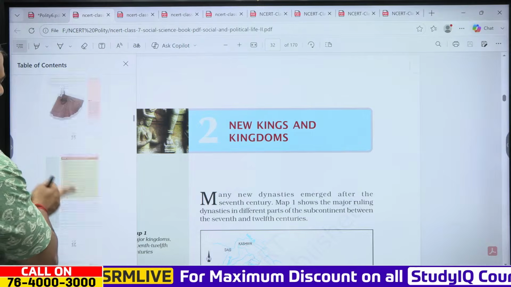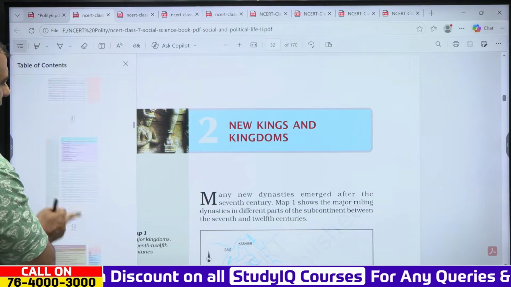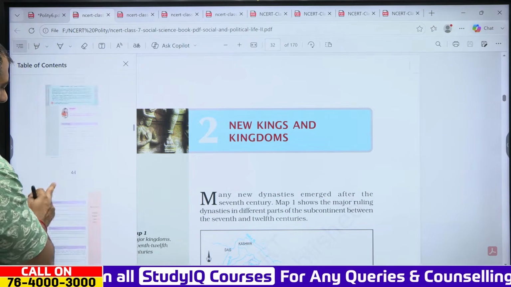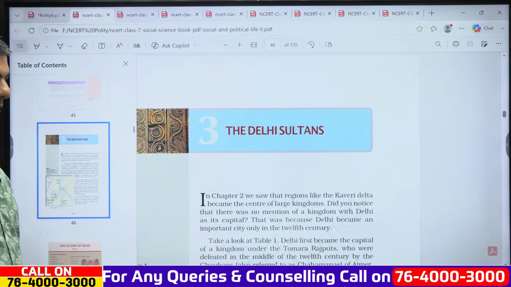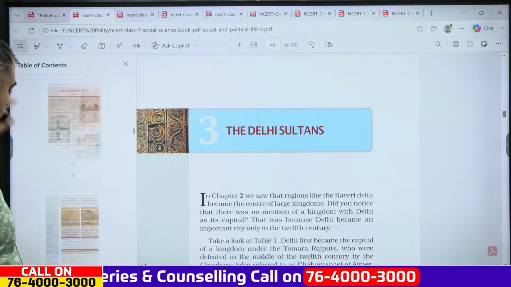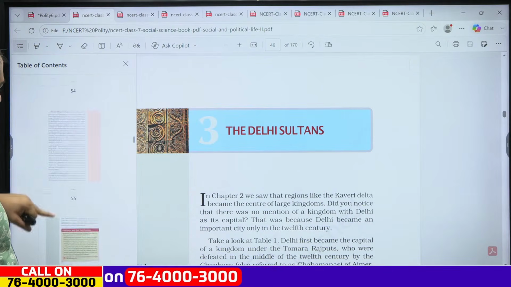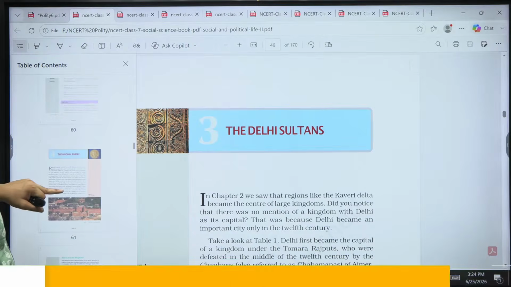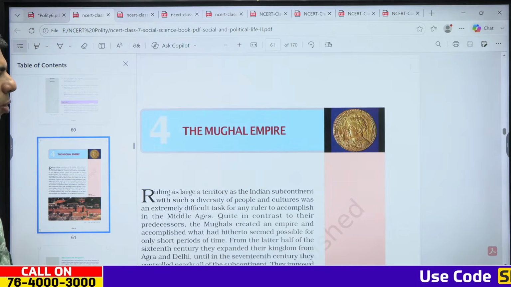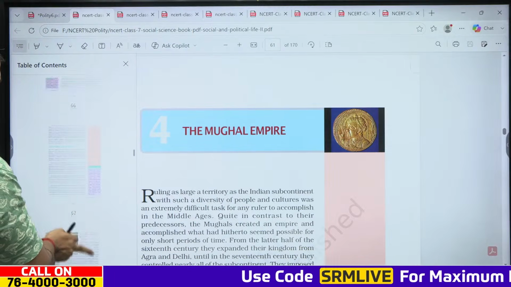Now, moving ahead to the next topic. This is entirely the history portion. Next is about the Delhi Sultans, again part of history. And when you move further, the fourth topic is about the Mughal Empire, again not very relevant.